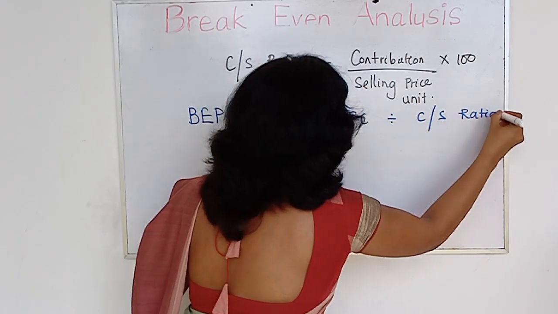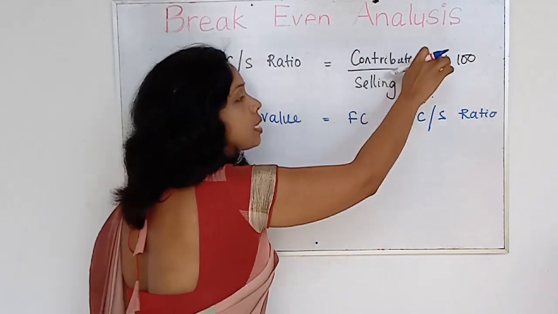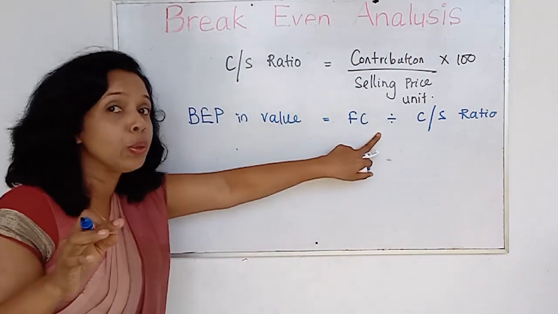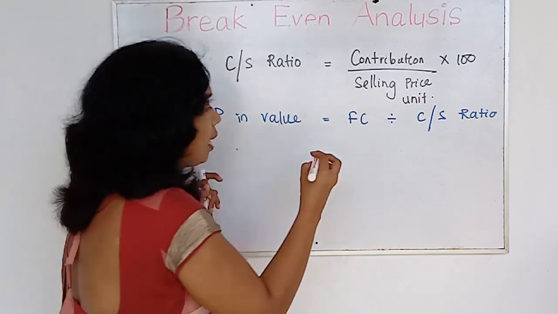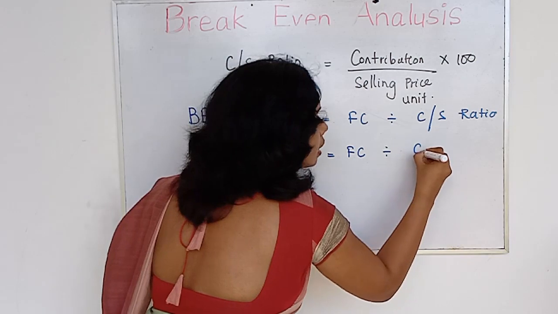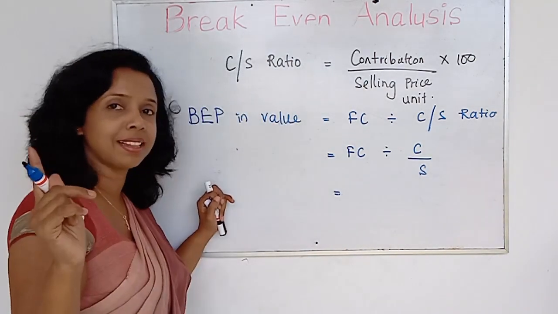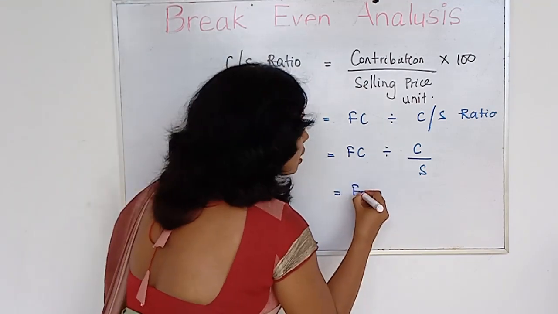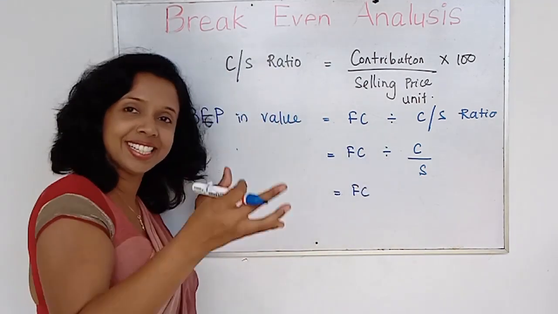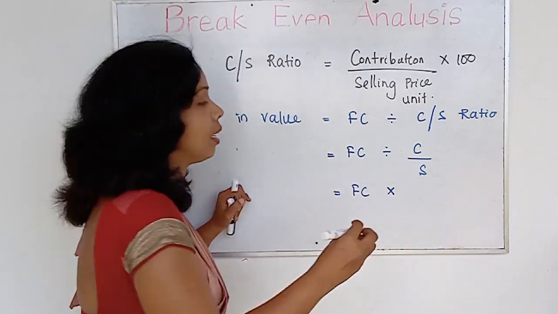Now you may think, so far when I am talking about a division, I use this sign, and for this I use this division mark. Why? Because fixed cost divided by contribution per unit. Can you remember your O-level math concepts? So fixed cost, here I want to convert this into a multiplication. When I am converting, what happened?